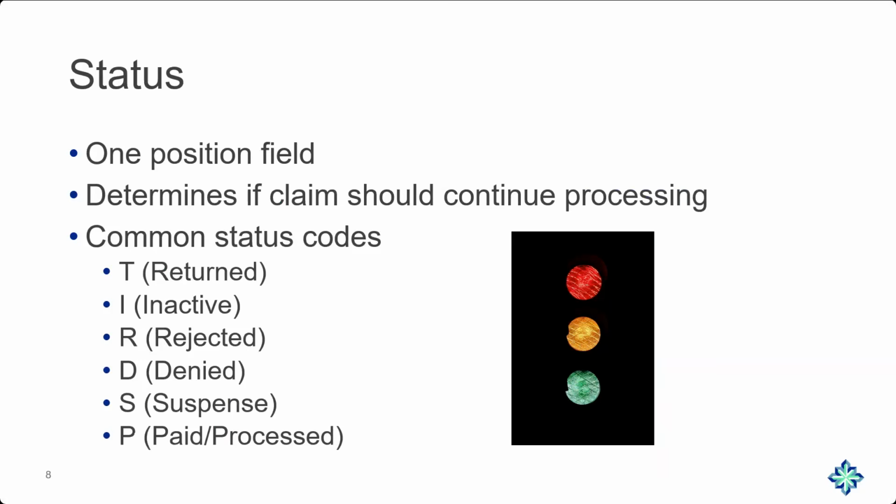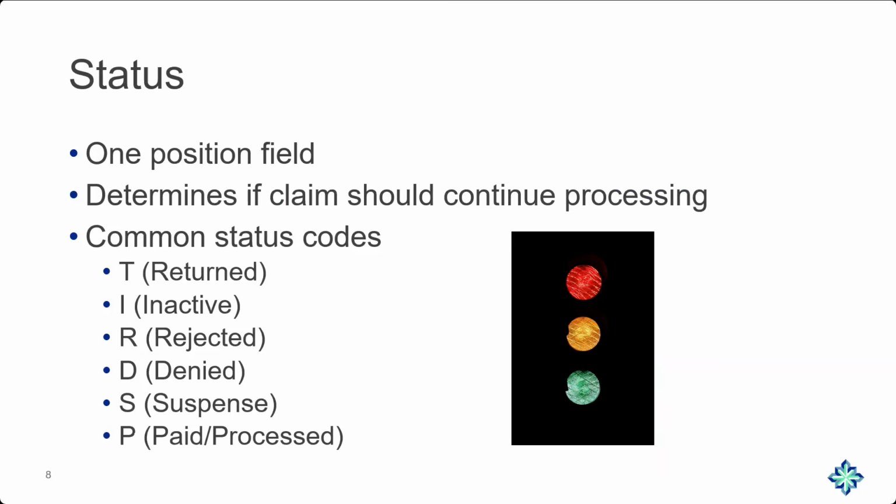So rejected is something that is more technical in nature. Something that is denied is more coverage criteria or medical necessity. So they are different. Moving on, S means suspense, and P means paid or processed.